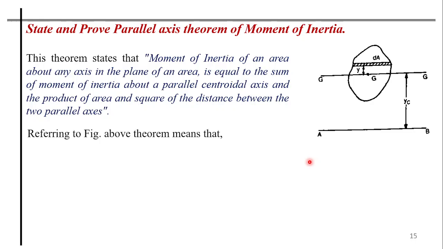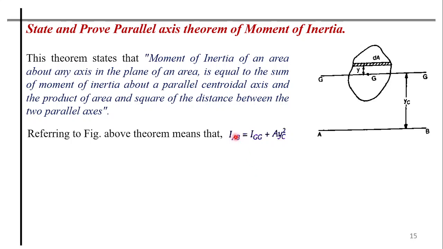So by looking at the figure, I know the moment of inertia about its centroidal axis. I want to know the moment of inertia about this axis, which is AB. So how can I get that? It is nothing but IGG, whatever I am getting, plus area multiplied with the parallel distance between those two, which is going to be yc square.